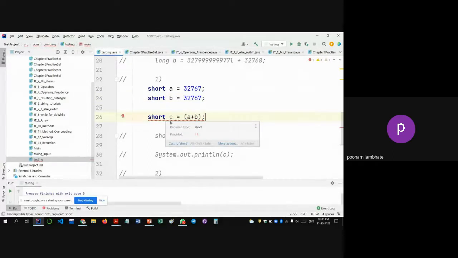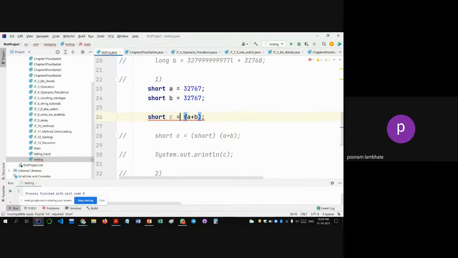It is saying: required type is short, but you're providing int. Required short means at the right hand side the range should be within short, because at the left hand side it is short, right? If the range at the right hand side is less than or equal to short, then it is okay. But if it goes beyond short, then it will give you an error, right?